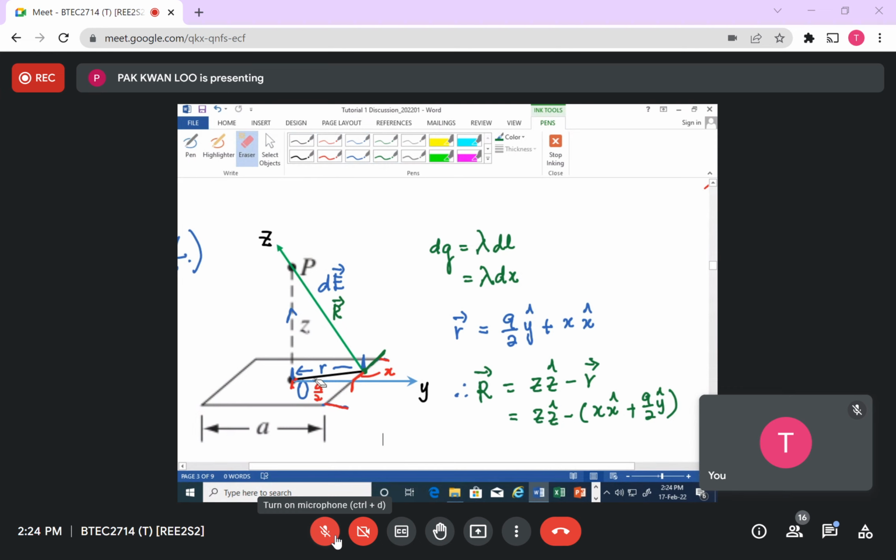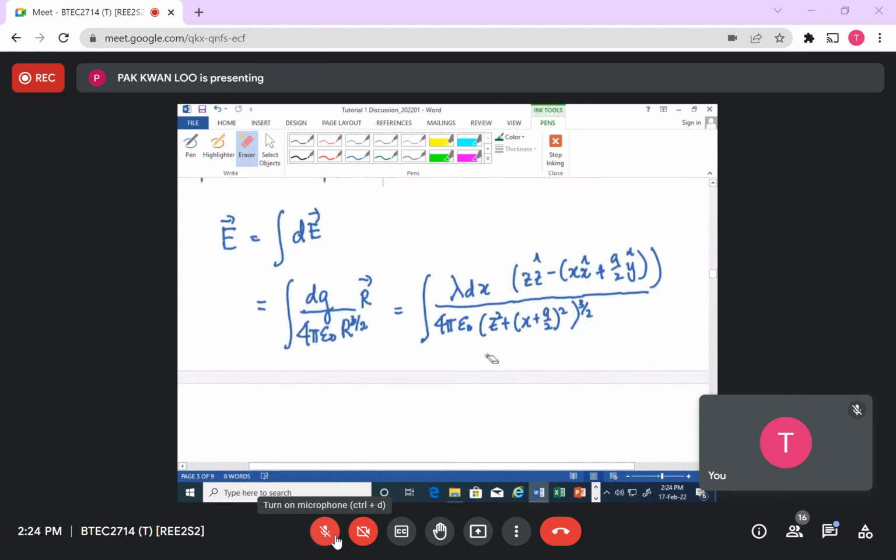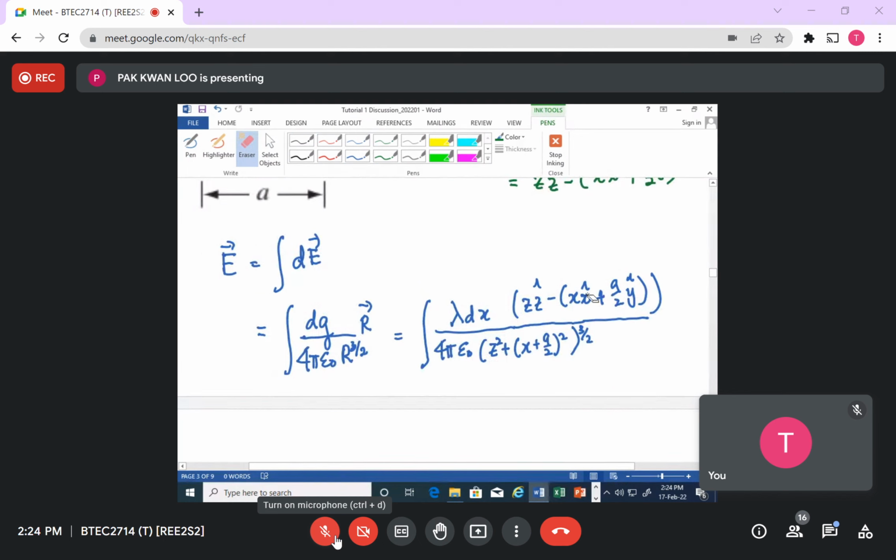So in other words, I do not have to take into account the x cap component and y cap component.